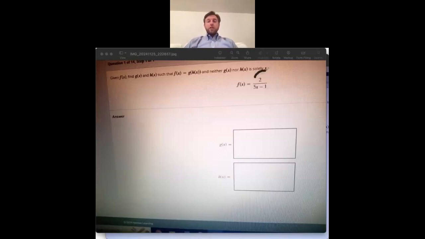In this function, we've stuffed the variable inside the denominator. So we want to think of what's the outer function, the bigger function, if you will. What are we stuffing inside of another thing? The big structure is a fraction, and we have this thing here, 5x minus 1, stuffed inside of the fraction.